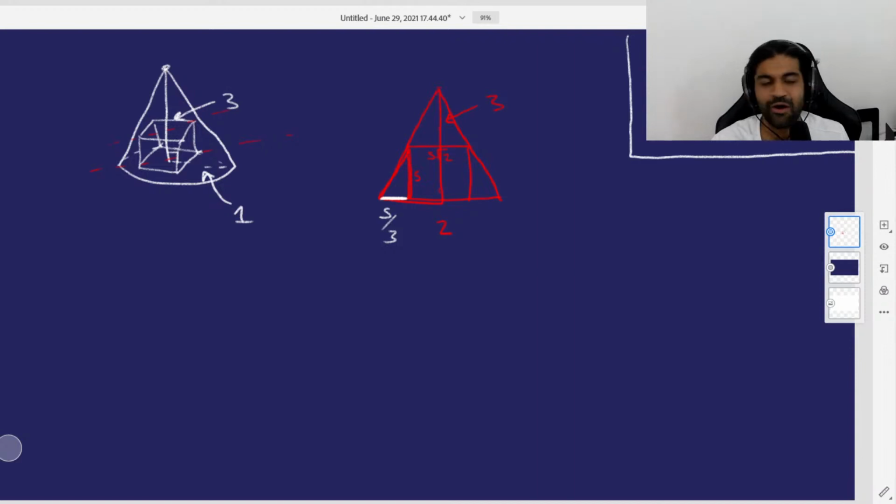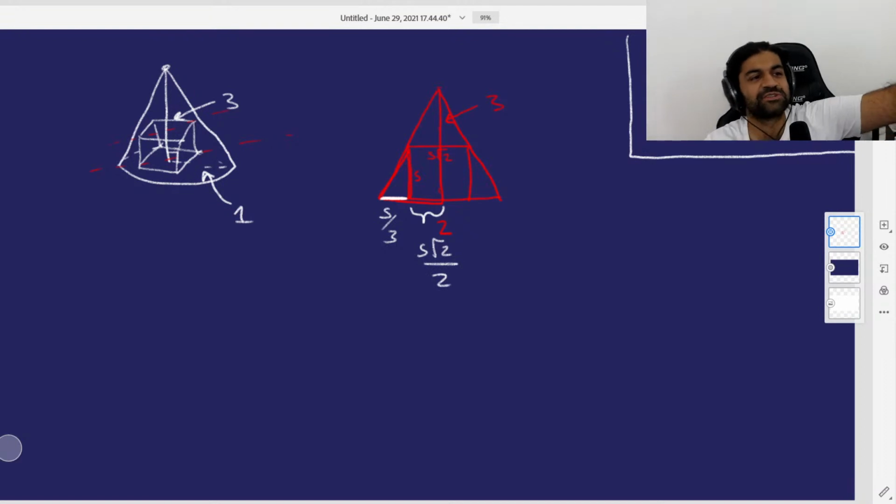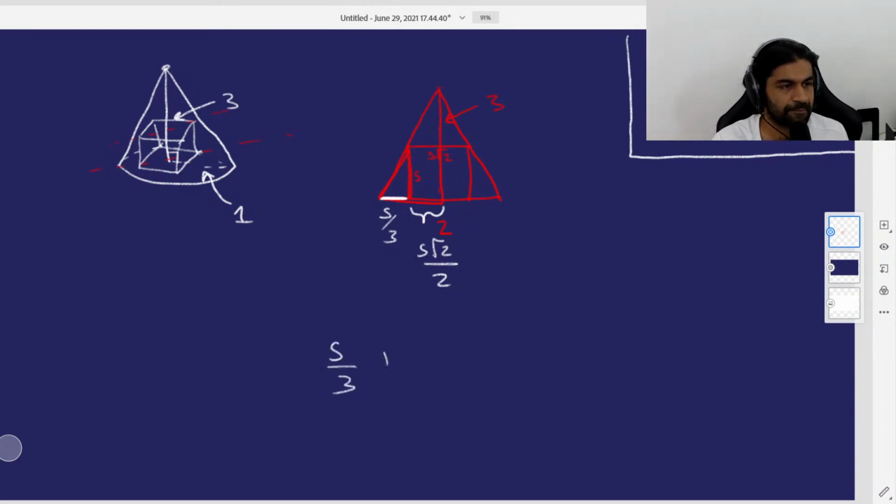Also, what you get is this piece over here is going to be s root 2 over 2, right? Because s root 2 is the top, so this is going to be s root 2 over 2. So if you add s over 3 to s root 2 over 2, you should get 1, okay?